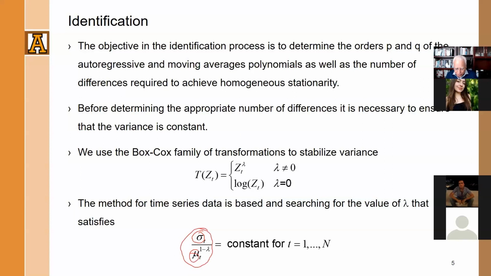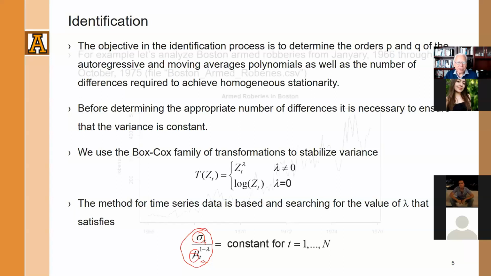Notice that sigma has a subindex t, the standard deviation at time t, and this is the mean at time t. I'm assuming here that we may have different means and different standard deviations at different periods of time. So we want to make sure that the ratio of the standard deviation to the mean remains constant regardless of time t. But we do not know sigma, and we do not know mu.